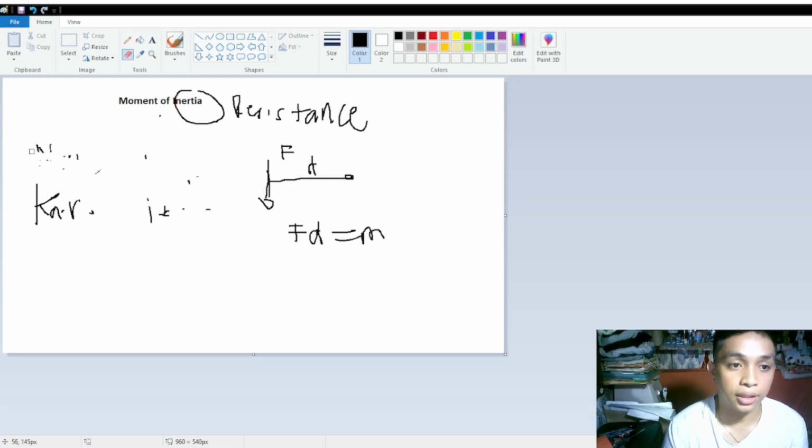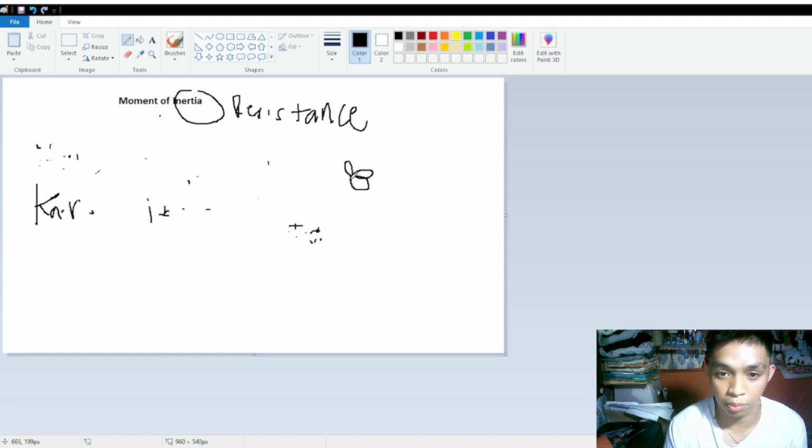So for example, when you apply a moment to a non-static object like a propeller, the tendency of this propeller will be to rotate.